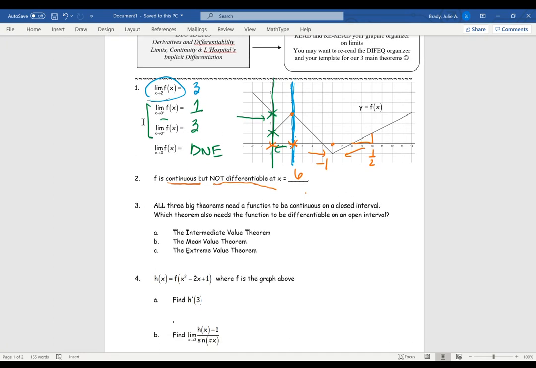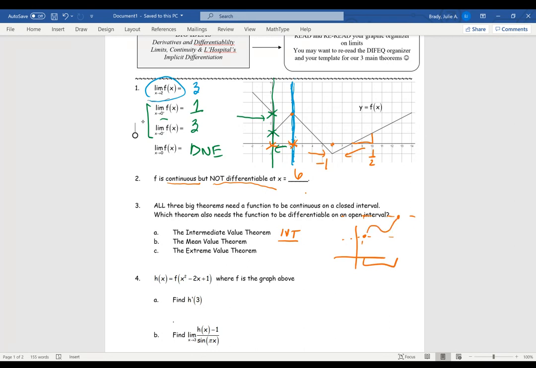Okay? And then we talked about the 3 big theorems. The IVT says that a continuous function takes on every intermediate value in between two outputs. So if you've got this point here and this point here, somewhere on this interval, you've got an output everywhere in between these.